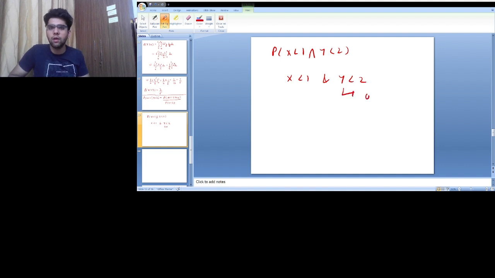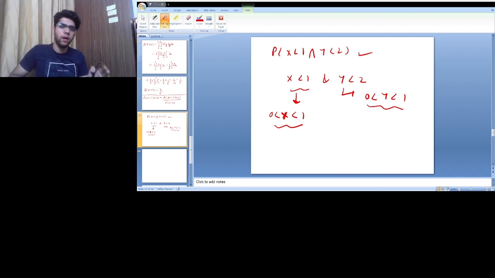We are already given that y lies between 0 and 1, and we are already given that x lies between 0 and 1. Both of our limits give the value of this part of the numerator, right? So the probability of x less than 1 intersection y less than 2 is essentially equal to the probability of x lying between 0 and 1 intersection y lying between 0 and 1.